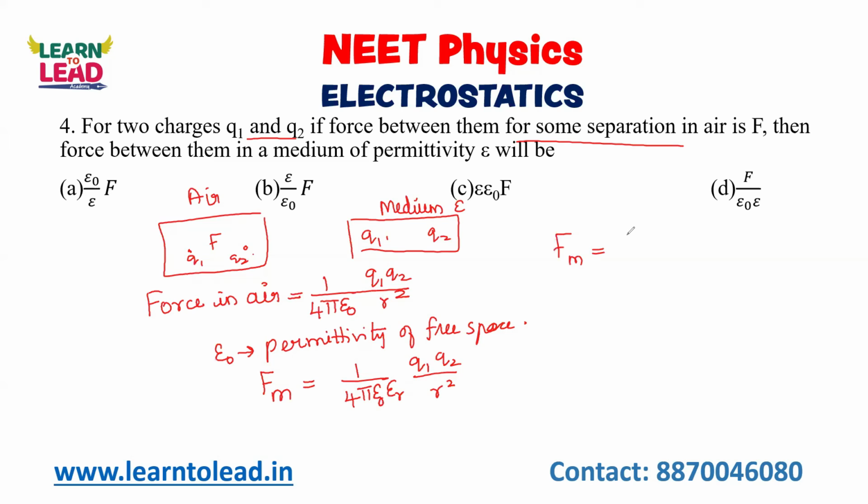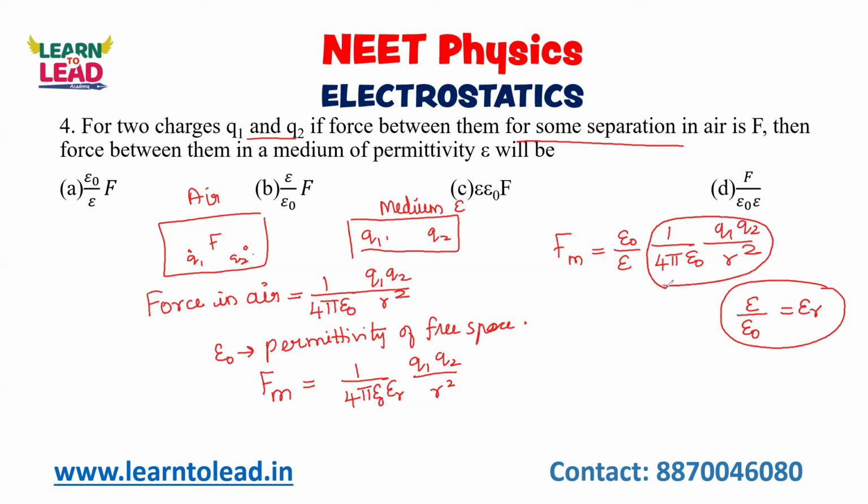When charges are kept in a medium, you can write the formula with epsilon by epsilon naught denoting epsilon R. Now if you substitute F for this value, the relationship is epsilon naught by epsilon times F.